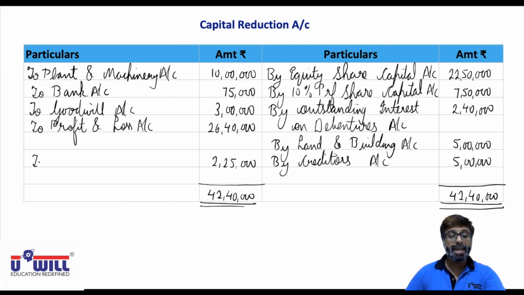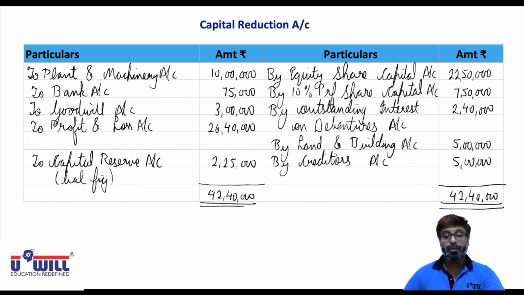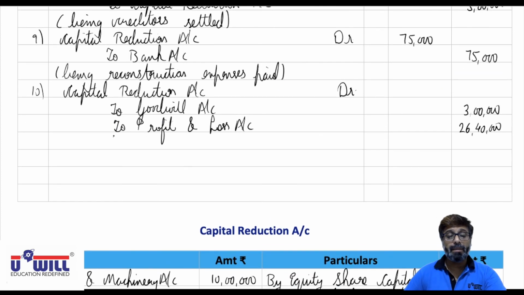To capital reserve account, in brackets balancing figure. We'll combine it in this entry itself: to capital reserve account 2 lakh 25,000.